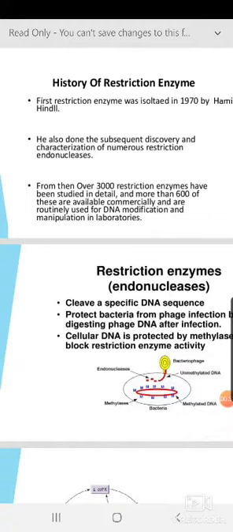Now, before 1970, there was no method for cleaving DNA at a discrete point. All the available methods for fragmenting DNA were non-specific, like mechanical shearing and intense sonication with ultrasound, which can break the DNA into approximately 300 nucleotide pieces.